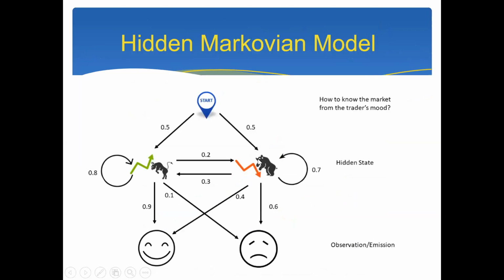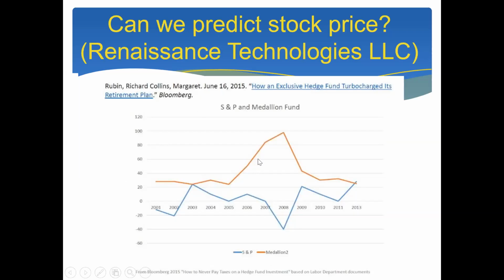Sorry. So the problem is that we want to predict stock price, right? So you see that every day we have this stock price rising and going down. So we want to see whether we can predict that, right? And the reason we think it is predictable is that there are smart people in this company called Renaissance Technology.